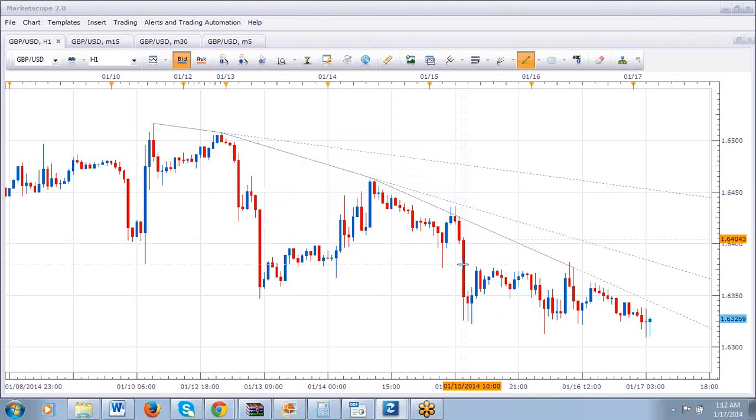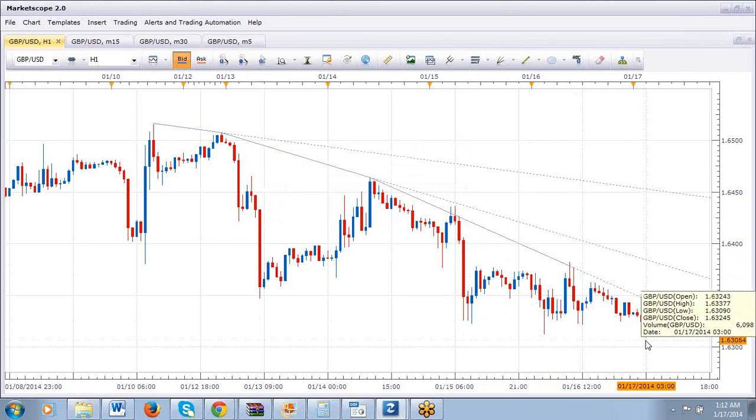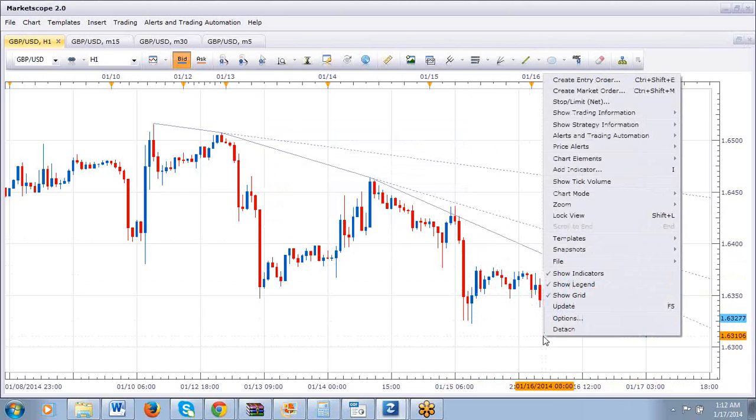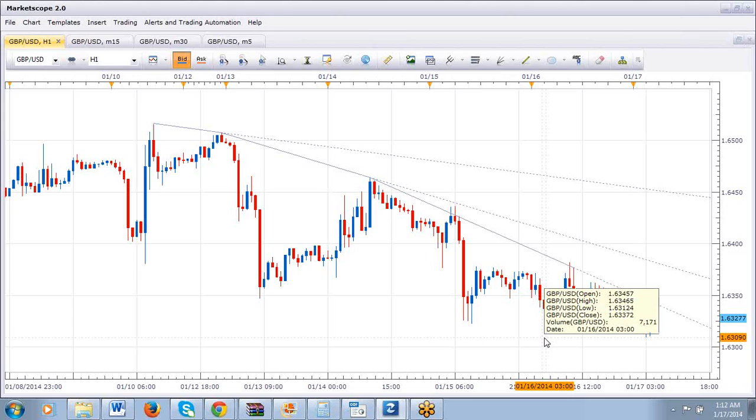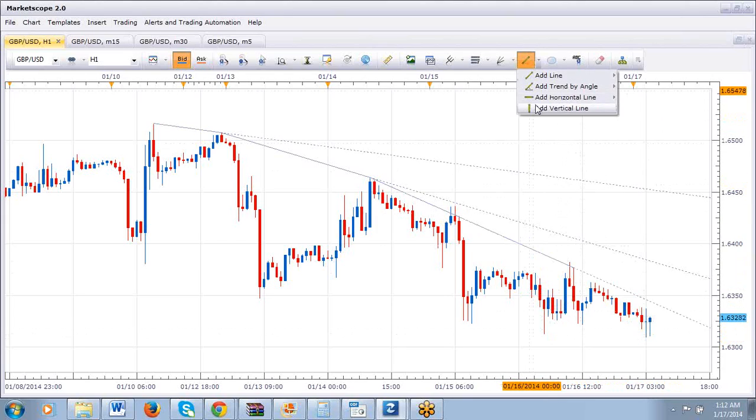I also wanted to know based on the lows: 63.09, 63.12, so this low is definitely lower compared to that. So it's still a bunch of lower lows, right, in this particular time frame at least.